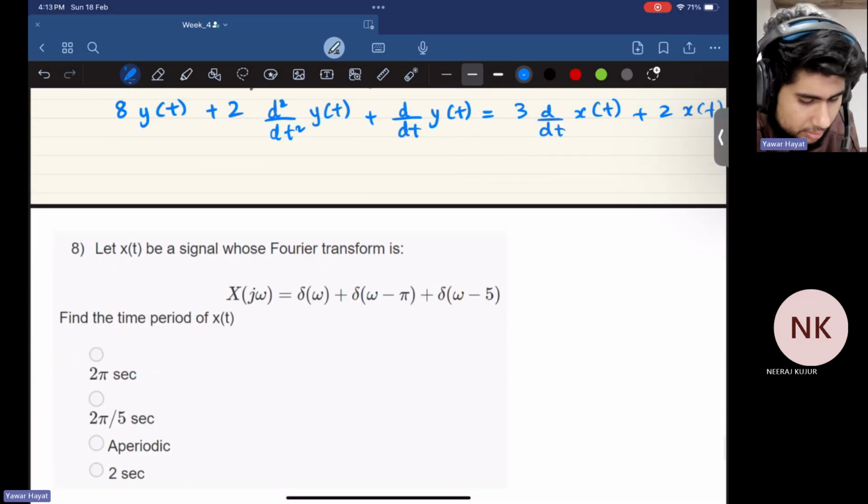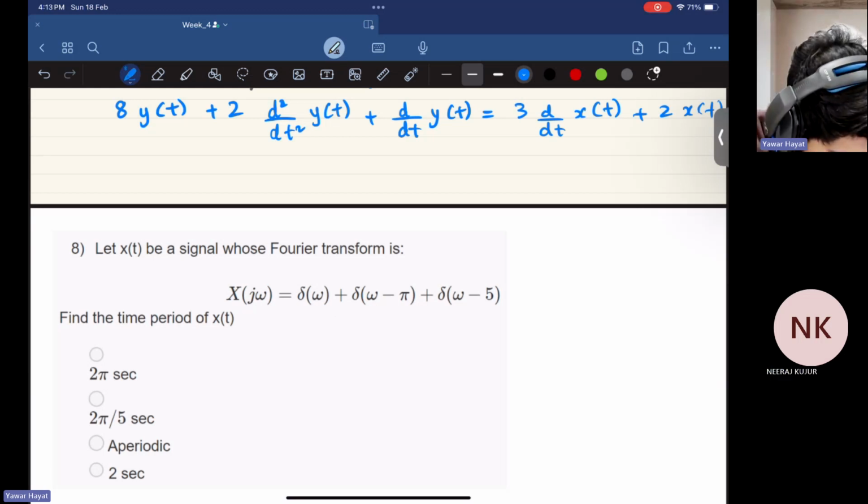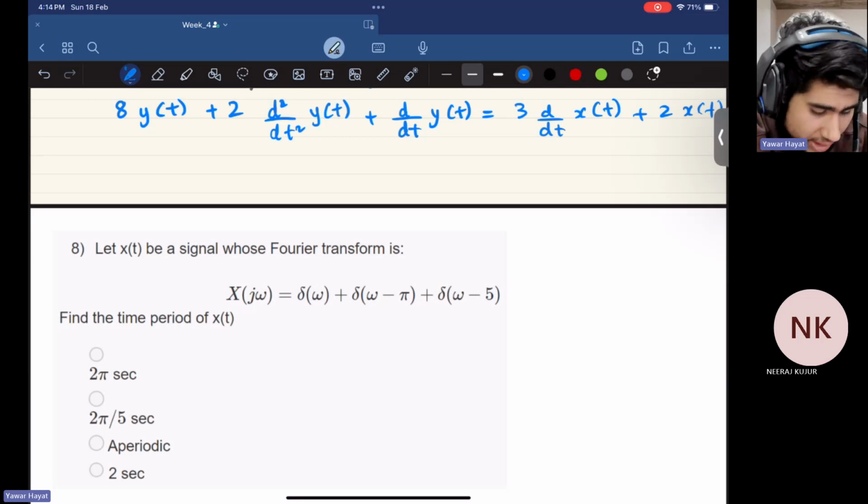So with that, I'll move on to the next question, which is finding the Fourier transform of the signal x of t. This x of t is a signal whose Fourier transform we have been provided, and we need to compute the time period of that x of t signal.